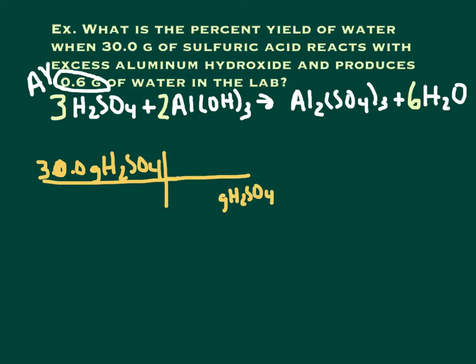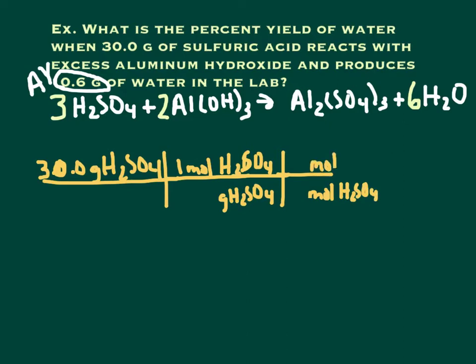I feel like I'm going to run out of room. 1 mole of H2SO4. This is stuff that you should know how to do. And this is our mole-to-mole ratio, moles of H2SO4 to moles of water. And so I got 6 moles of water for every 3 moles of H2SO4 from my balanced equation.